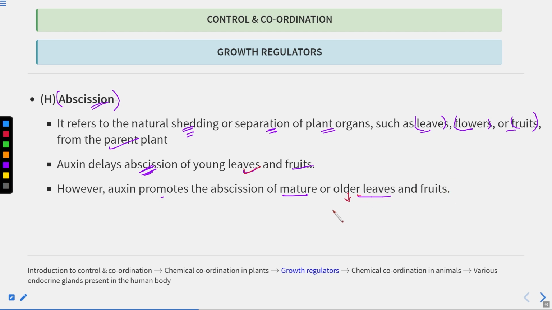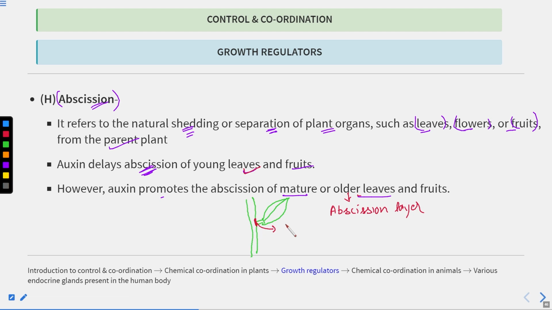So what happens during abscission? There is the formation of an abscission layer. Okay, so if this is a leaf, and this is the stem, then an abscission layer is formed here.